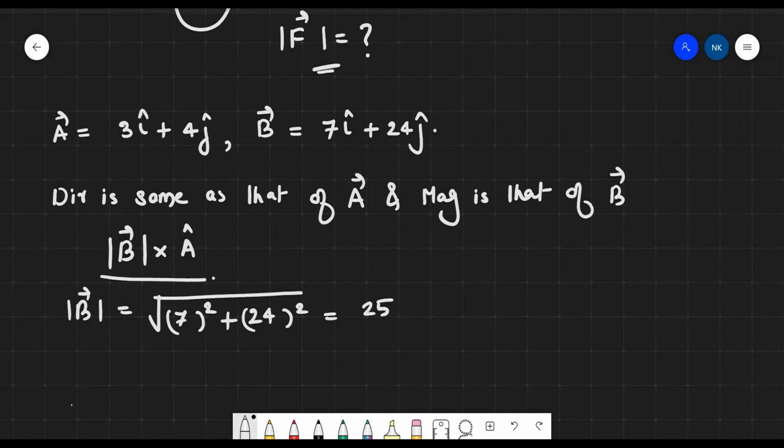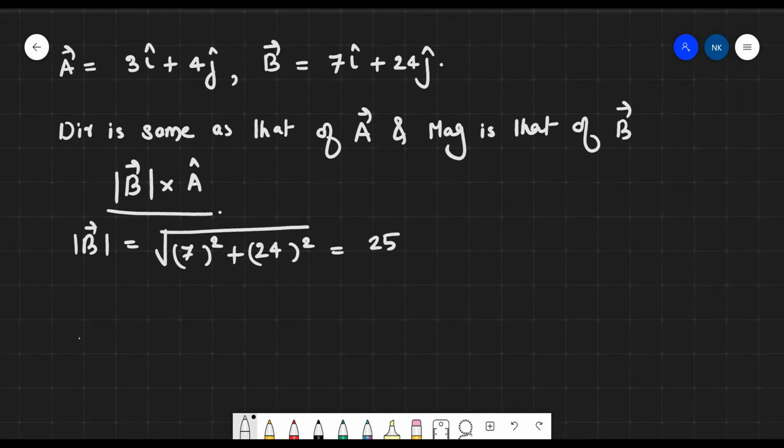Okay, now we need to get a cap now, isn't it? What is a cap? A cap is a vector divided by magnitude of a. What was a vector? 3i cap plus 4 j cap.